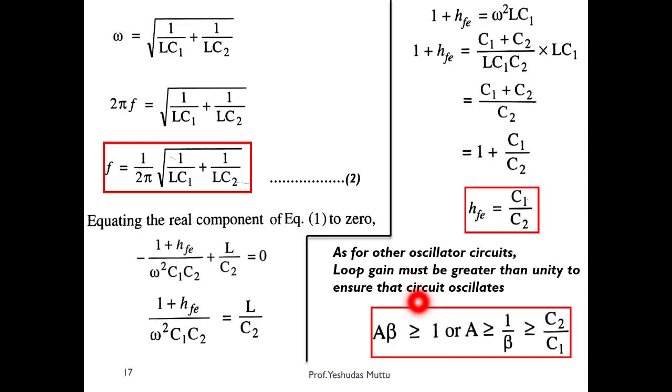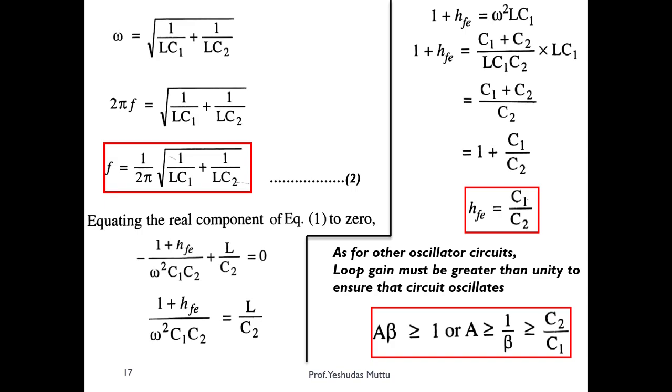A beta should be greater than or equal to 1. From this I will say that A is greater than or equal to 1 upon beta. What is beta? Beta I have just got over here, which is going to be 1 upon C1 upon C2, which is going to be C2 by C1. I hope this is clear to you all. With this, the mathematical analysis for Colpitt's oscillator gets over.